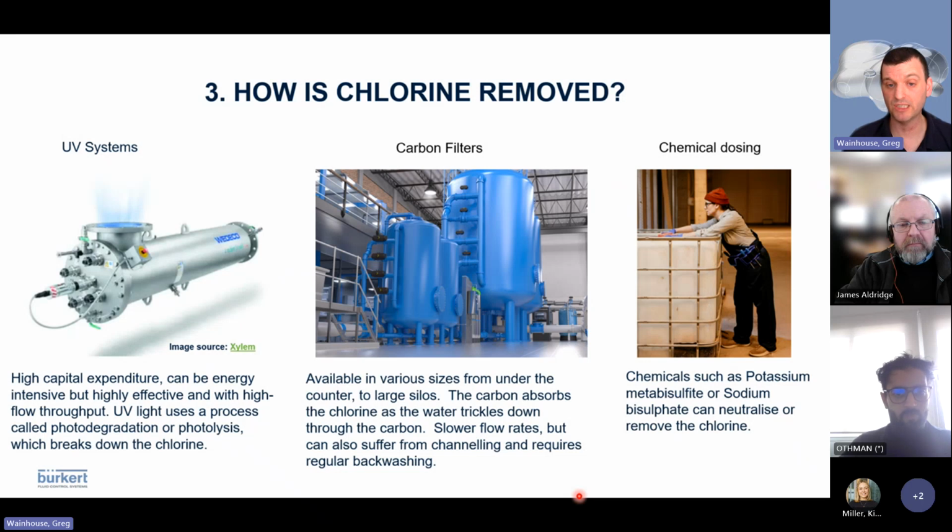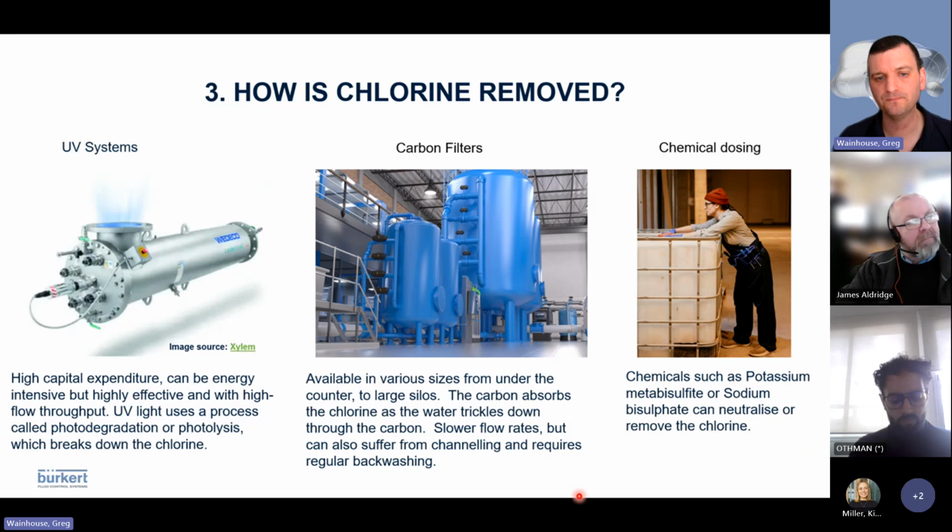And also you get this process called channeling, and this is where the water essentially erodes a channel through the carbon, and the chlorine doesn't get absorbed. And as a result, you tend to see the chlorine level suddenly increase.